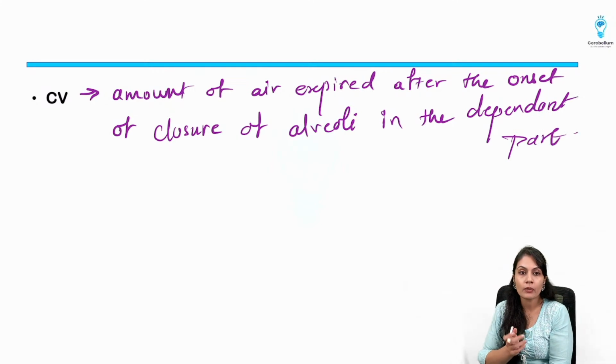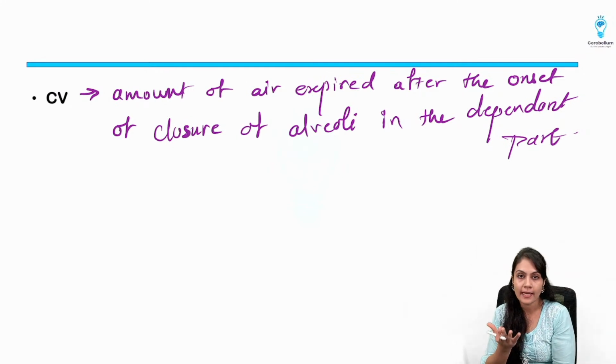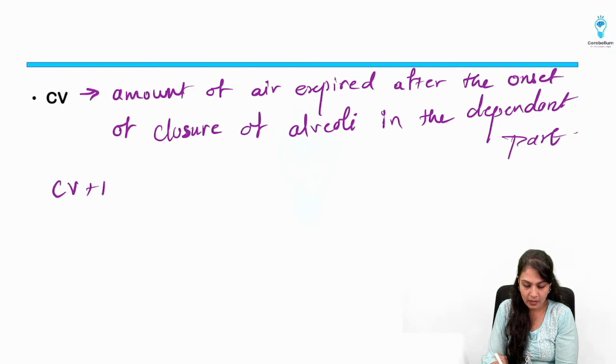Okay, in the dependent part, when they start to close, so alveolar closure in the dependent part, whatever amount of air that is expired into the spirometer, and if we add CV plus RV, that is going to be CC.